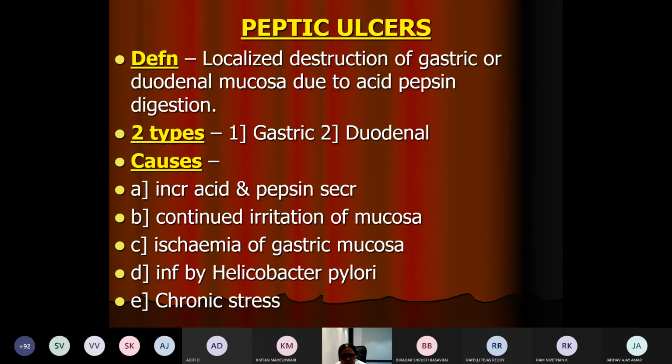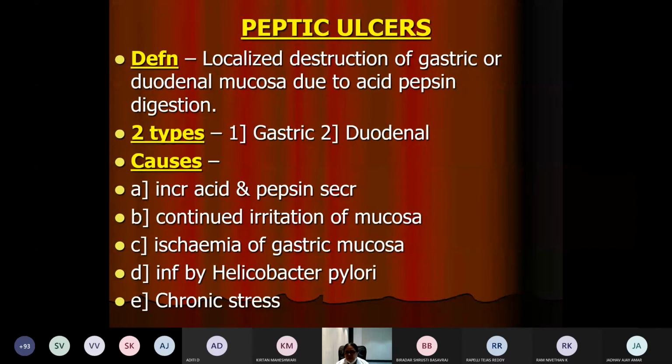In short, I am telling about peptic ulcer. I am not discussing everything. You just go through it. If they ask, add a note on it. If you write this much, that is enough. Definition: localized destruction of gastric or duodenal mucosa due to acid pepsin digestion.